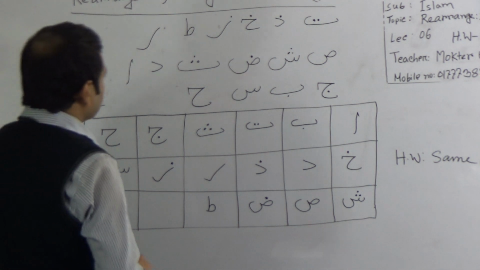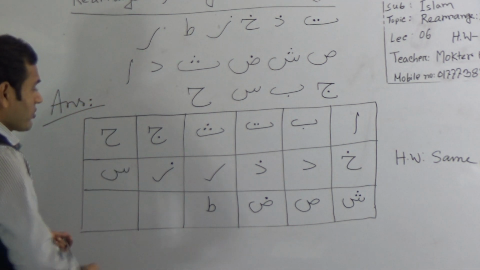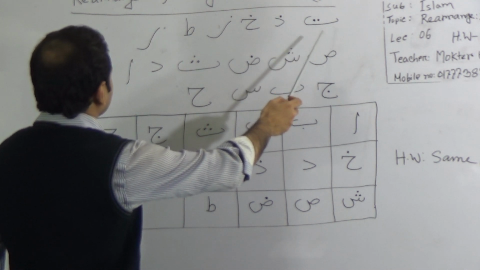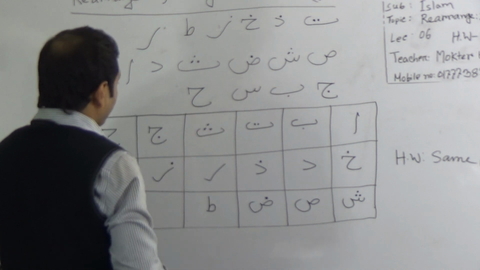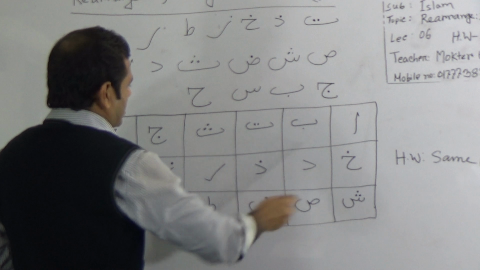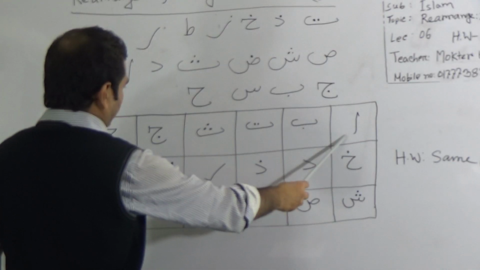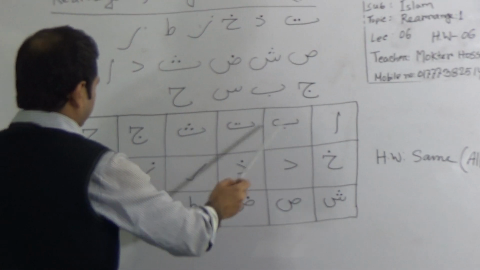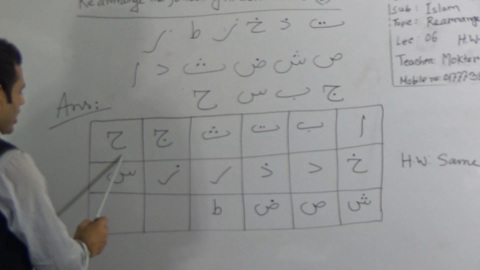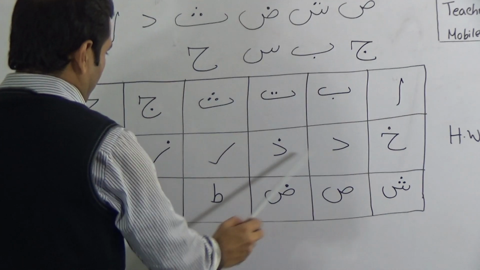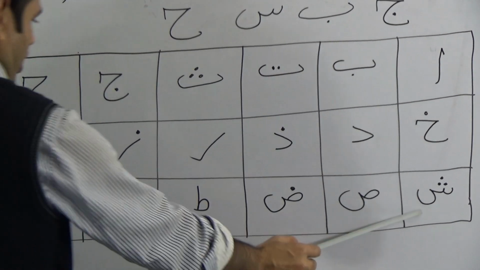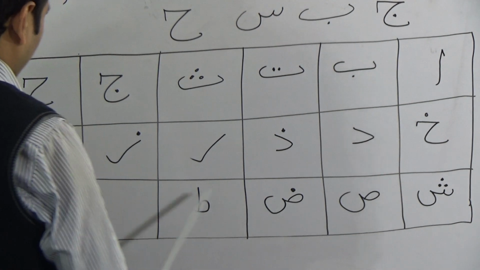My dear students, I repeat, there are some letters which are written without arranging, so we have to write them by arranging. So the first one is alif, the second one is ba, then ta, tha, jim, ha, kha, dal, zal, ra, za, sin, shin, swad, dod and to.